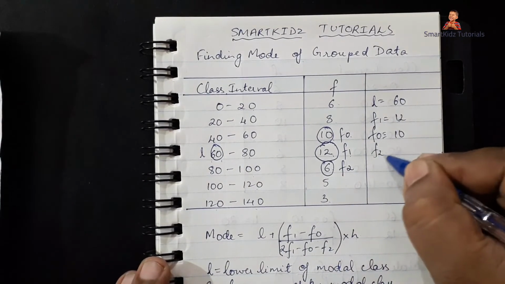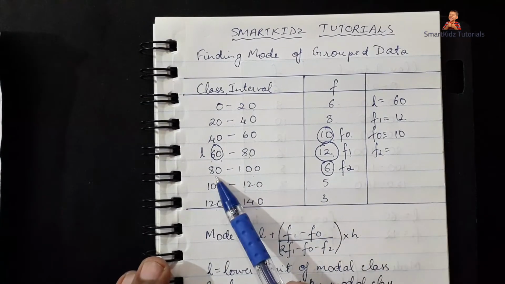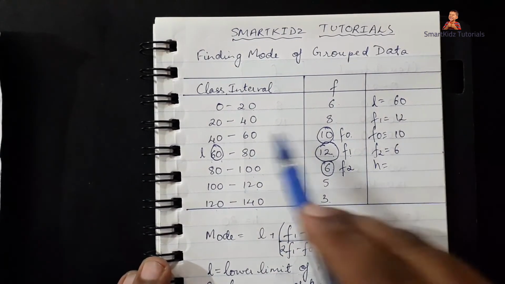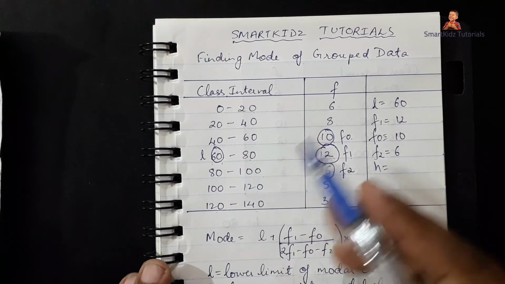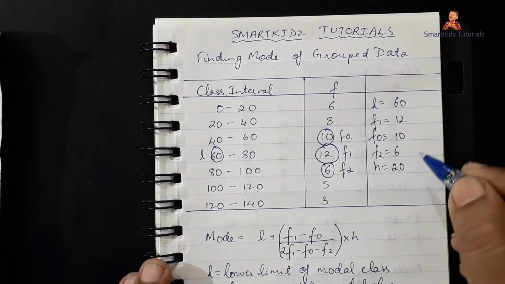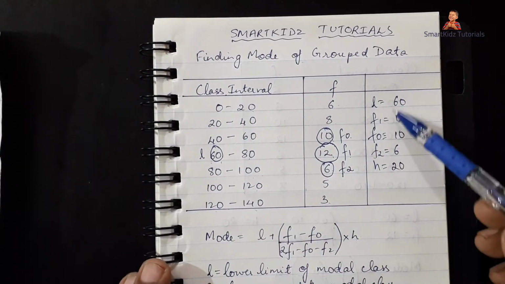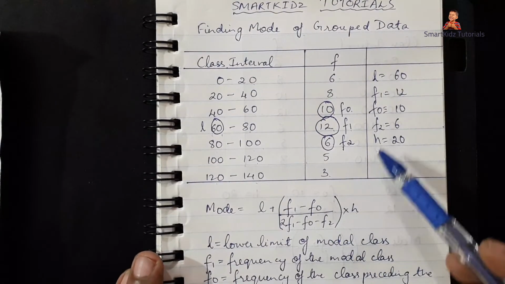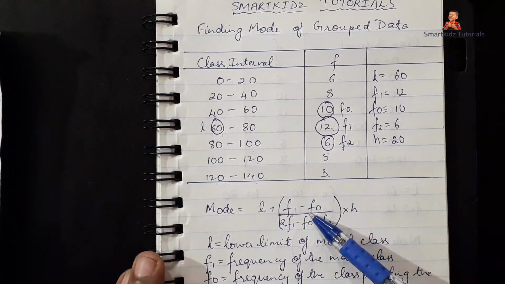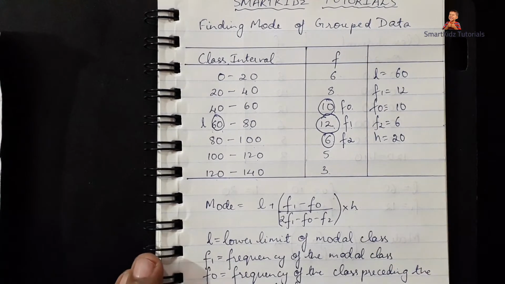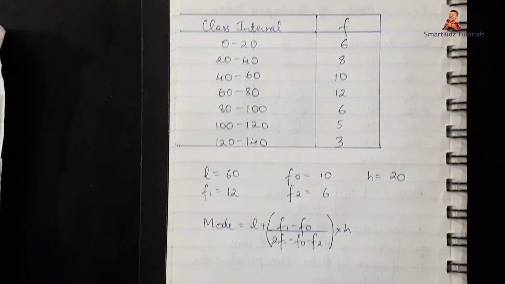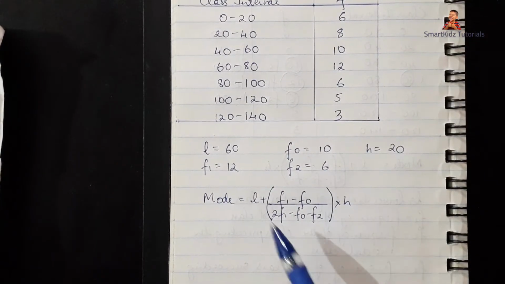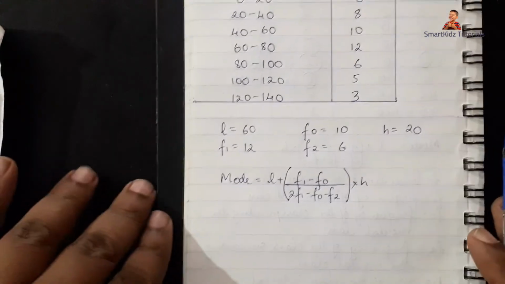Then F2 is the frequency of the class succeeding the modal class, which is 6, and H is the class size, which in this problem is 20. And now that we are ready with the individual values in this formula, let us put these values in this formula to get our mode.